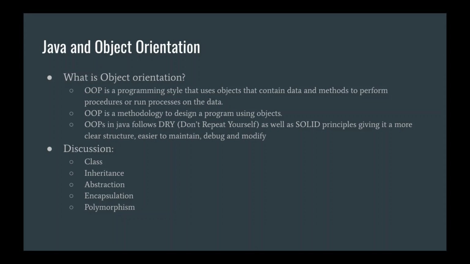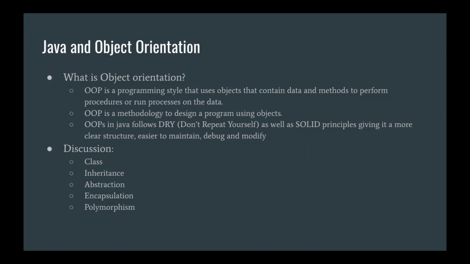So in the discussion below, we'll be looking into a Java class, inheritance, abstraction, encapsulation, and polymorphism, which are the very key pillars of object-oriented programming, and how we can use this in our daily code to help write clean code, essentially.